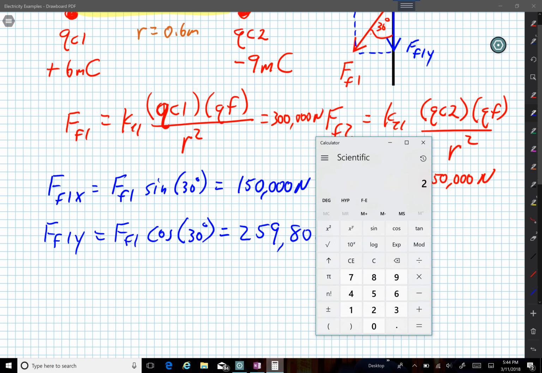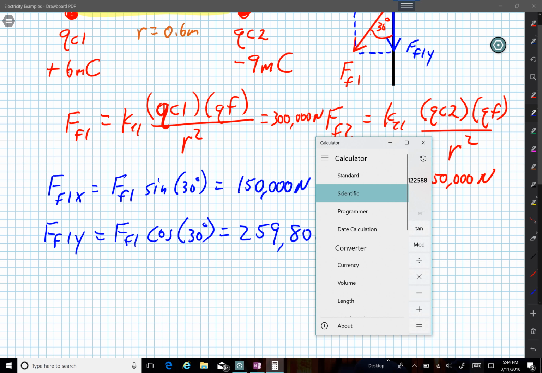259. Well, since it's not showing here anymore, I'm going to calculate it again. So let's do 30. Oh, it's clear. 30 cosine times 300,000, 259,807.